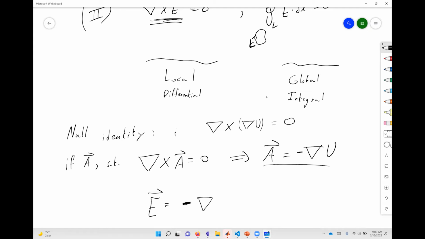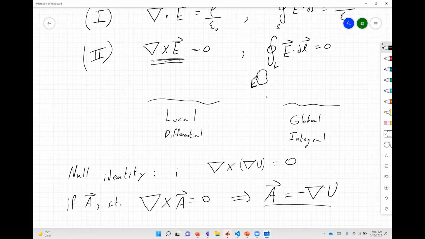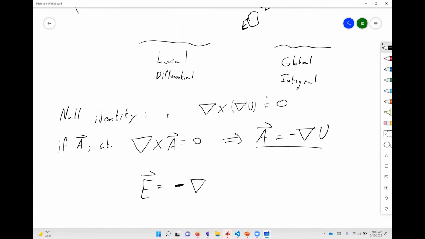But magnetic charges don't exist in nature, so there are only electrical charges. Because the curl of E is 0, we can write E as the gradient of some scalar field, and this scalar field we call the voltage, or the electrical potential.